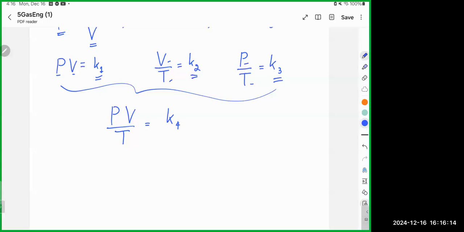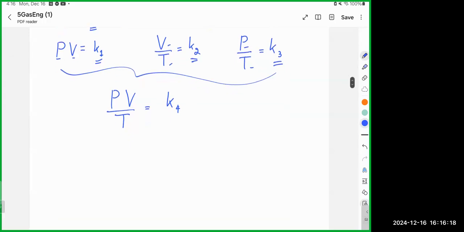For example, in the case that you fix temperature, PV equals K4T, which is equal to K1.